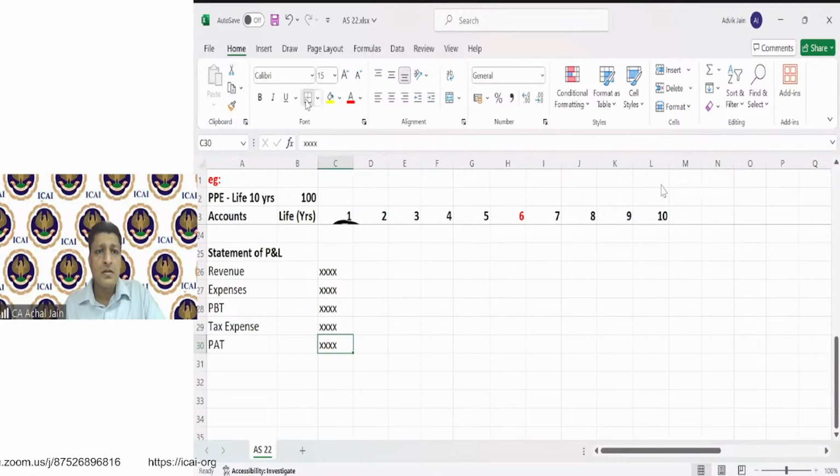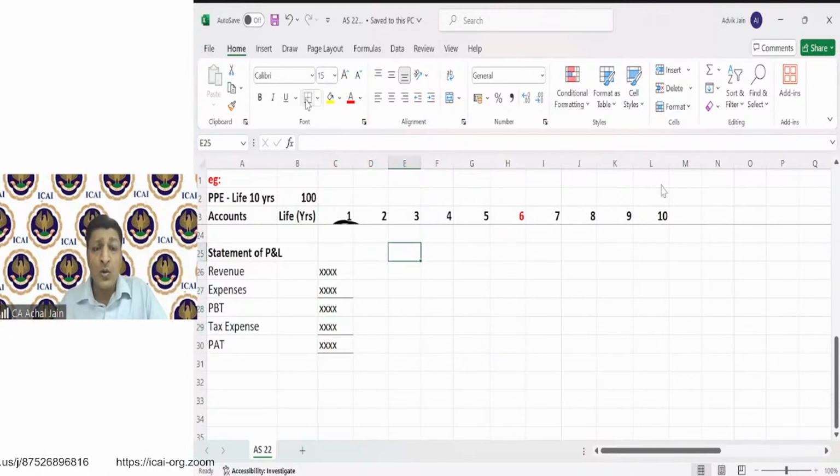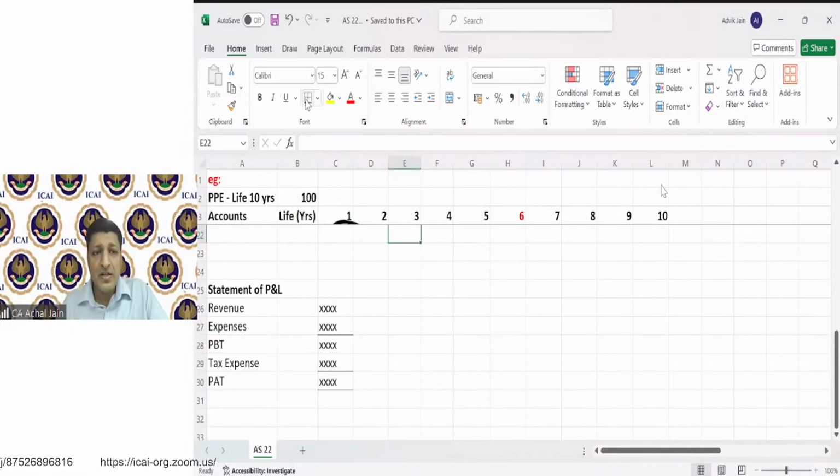Now, what does this tax expense really comprise of? Tax expense, as we discussed, comprises two elements always.